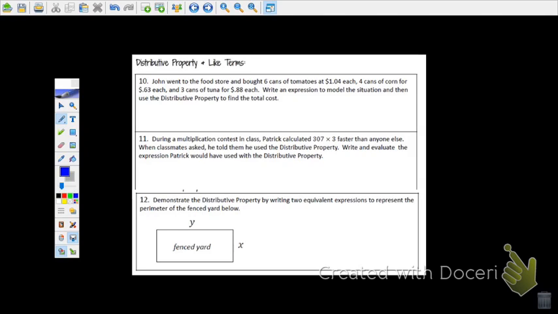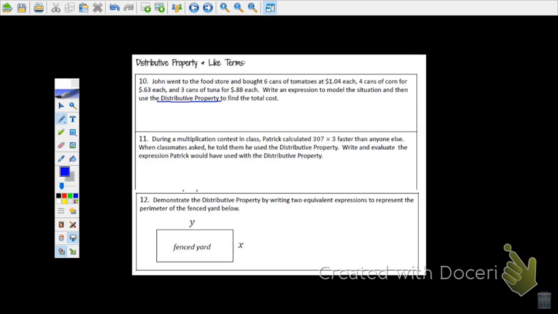Okay, so it says John went to the food store and bought 6 cans of tomatoes at $1.04 each, 4 cans of corn for 63 cents each, and 3 cans of tuna for 88 cents each. Write an expression to model the situation and use distributive property to find the total cost.